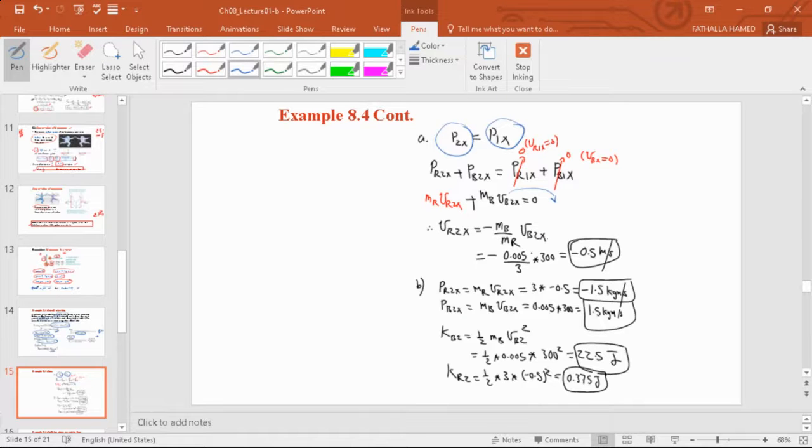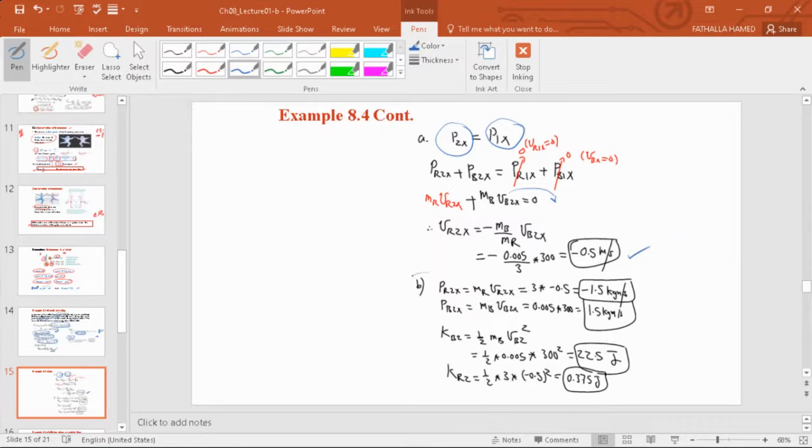You substitute in the mass of your bullet, which is 0.005 over 3 times 300, and that gives you minus 0.5 meters per second. So that's the recoil speed or velocity of the rifle. It will be in the opposite direction, along the negative x-axis. And you would expect that, action-reaction.